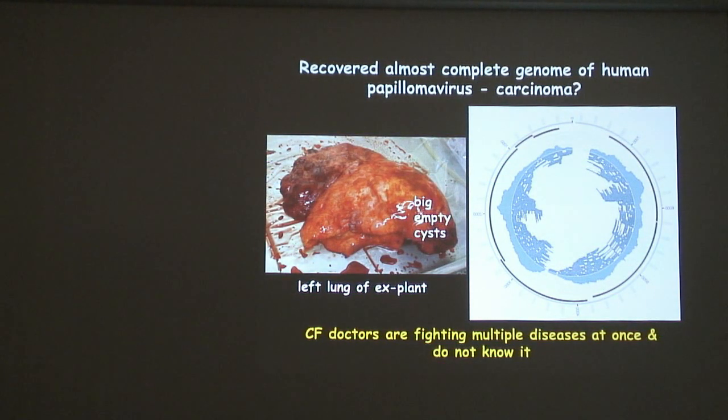We didn't know at the time, and of course, when you're a CF doctor, you would never actually check someone for lung cancer, because they already have lung function problems. So this person actually had a carcinoma growing at the same time they were fighting the cystic fibrosis disease itself. And we find HPV, by the way, all over.